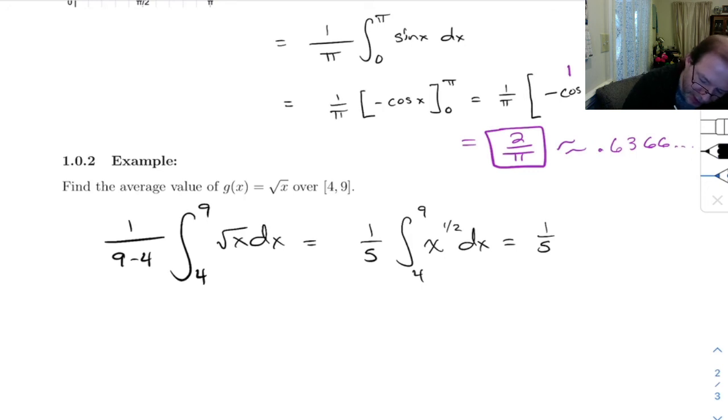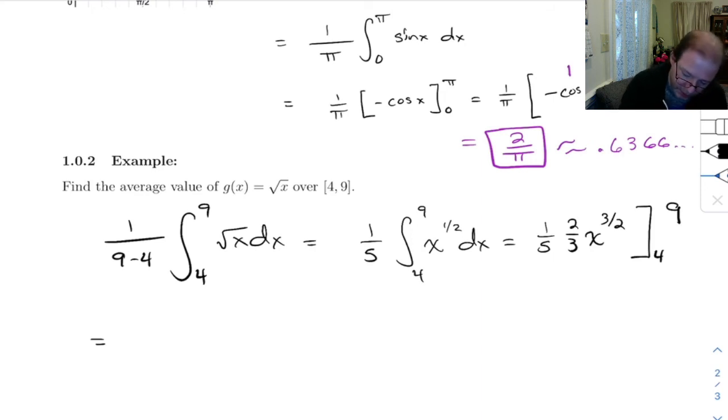When we integrate that, you get x to the 3/2 with the 2/3 on the front. So 1/5 times 2/3, that's 2 over 15. And then we get x to the 3/2 from 4 to 9.